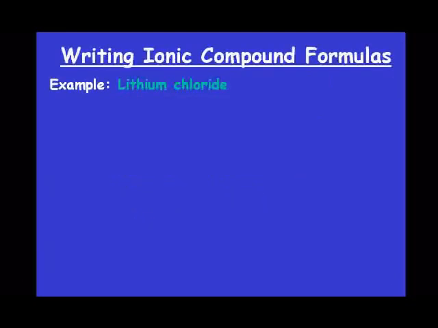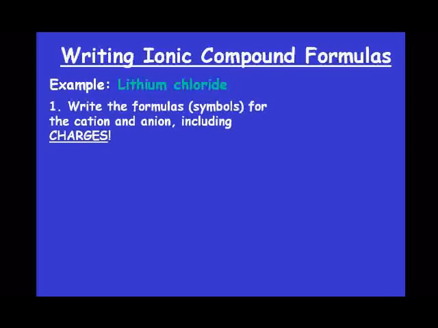So let's practice. Lithium chloride. Step number 1 is to write the cation and the anion, including the charges. So Li +1, Cl -1. Step number 2 is to crisscross.